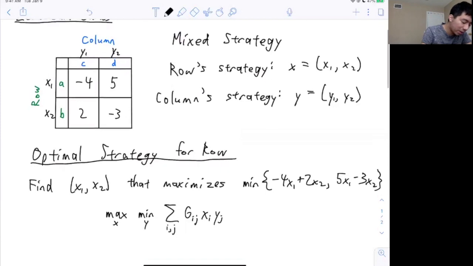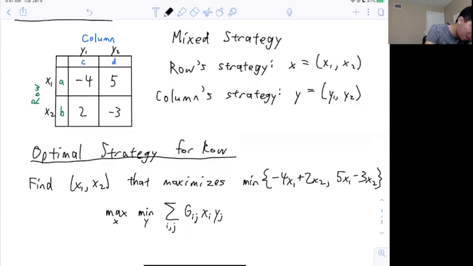And then we can calculate an expected value for the game as the sum over i, j of g_ij times x_i y_j. This is just summing over the expected values of each square, and we can also write this in matrix-vector notation as x transpose G y. So x and y are vectors and G is a matrix.